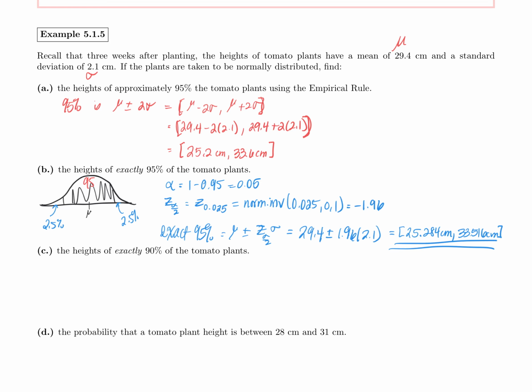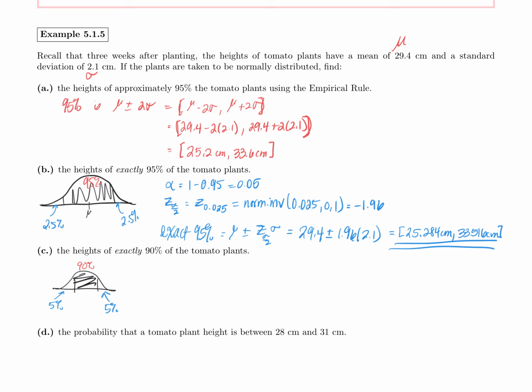If we wanted to do this for 90%, well, then we have to think about what's left over. If we have 90%, that leaves us with 5% in each tail, to add up to our 100.